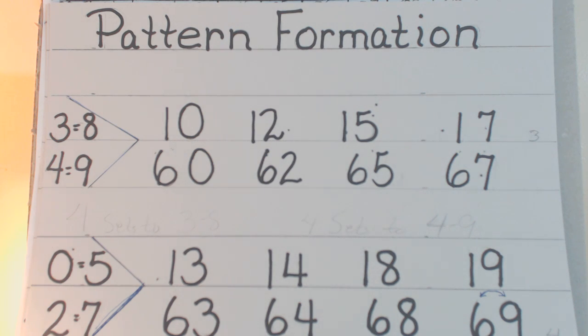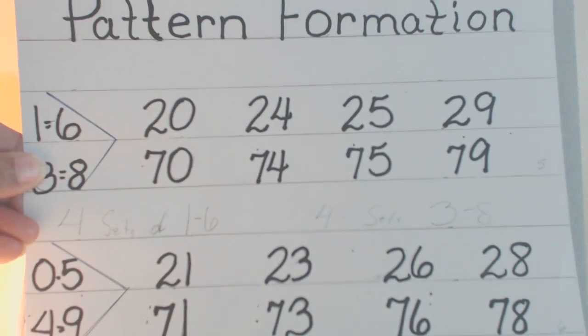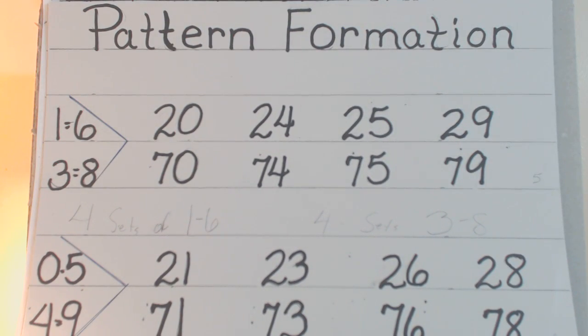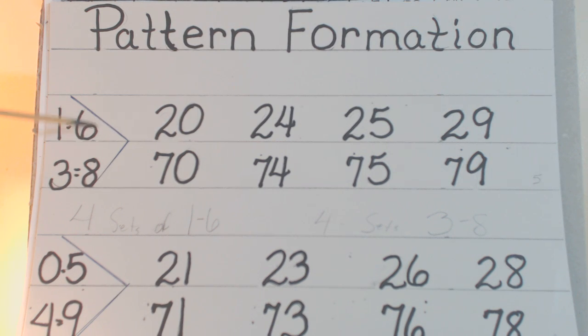And we have another group that also, here's the 1 to 6 again. If you notice as I put up the cards, you would notice that they will reappear, but they will have different numbers with them.